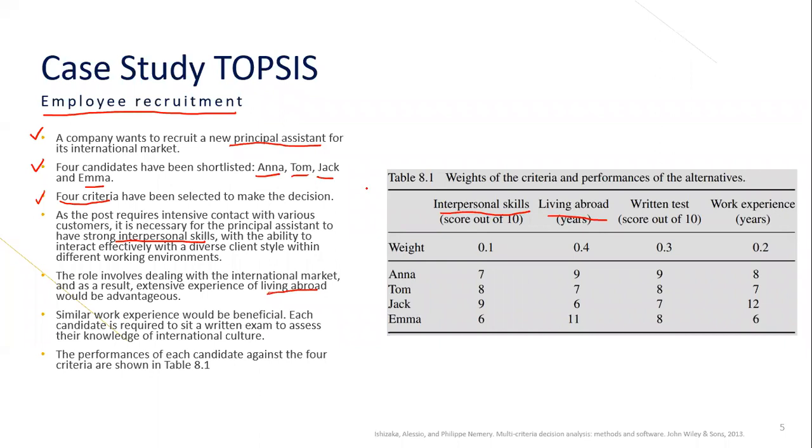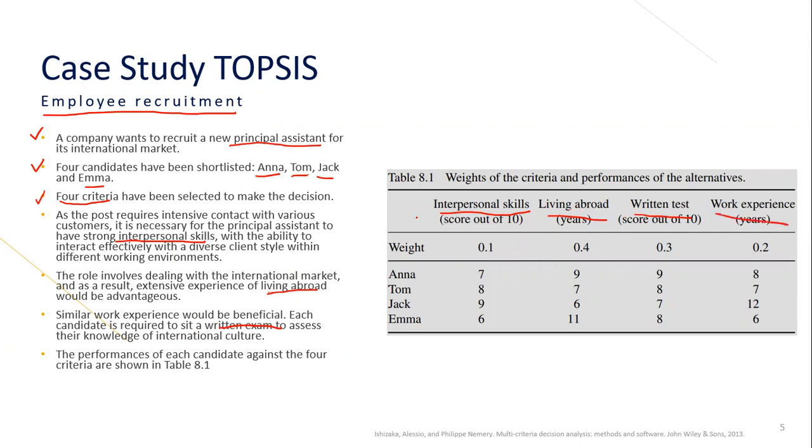Another one: the employee should be able to meet the standard of the company, so we provide a written test, an exam that assesses the employee's knowledge, perhaps about the product and the international culture. The higher the score, the better.